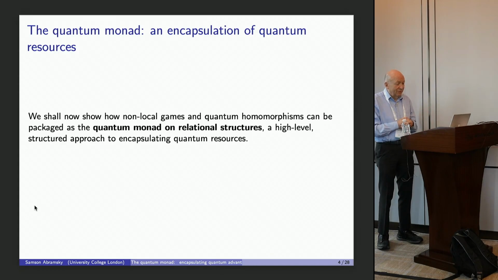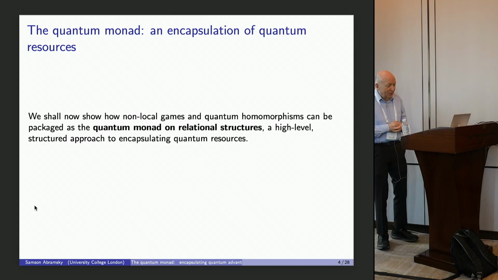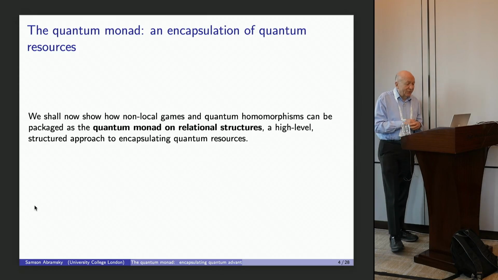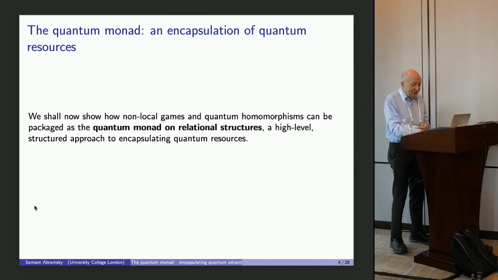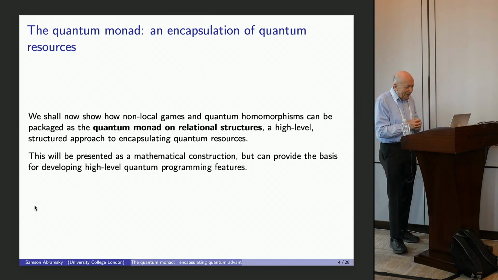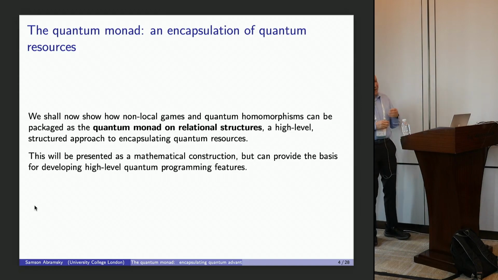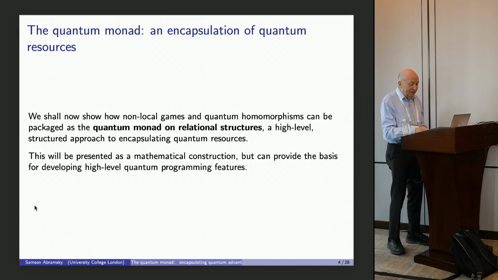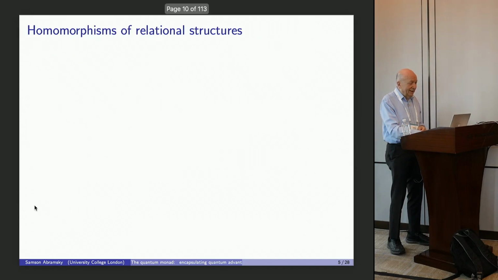Graphs you can think of as a specific, particularly important example, which gives a high-level structured approach to encapsulating quantum resources. And I'm going to present this as a mathematical construction, but the hope is that it can provide the basis for developing high-level quantum programming features. And I'll come back to this at the end.